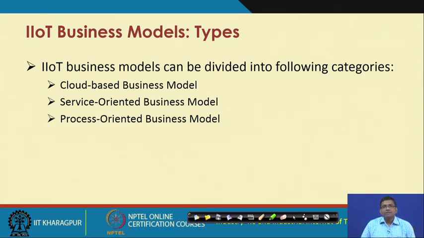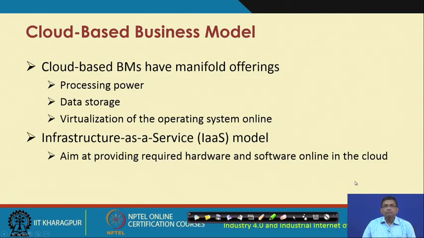So, there are different types of IIoT business models, and they could be cloud based business model, service oriented business model, or process oriented business model. So, I am going to talk about each of these in a little bit more detail now. So, cloud based business model, as the name suggests, is a kind of business model that is heavily based on cloud services.